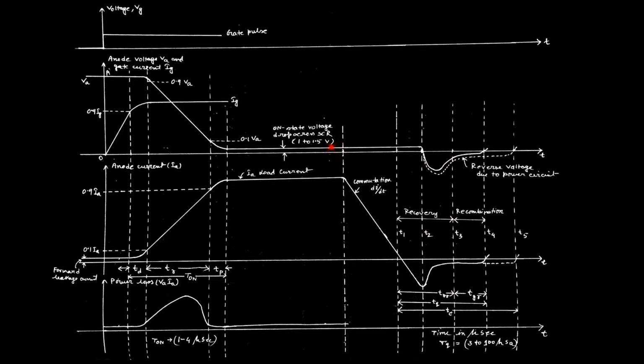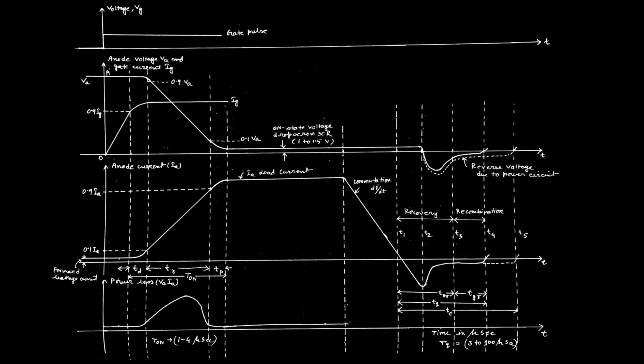This region is where the switch becomes on. Without any disturbance, the anode current flows throughout the device, and the minimum voltage drop occurs due to the 4 layers and 3 junctions. This is the conduction period.